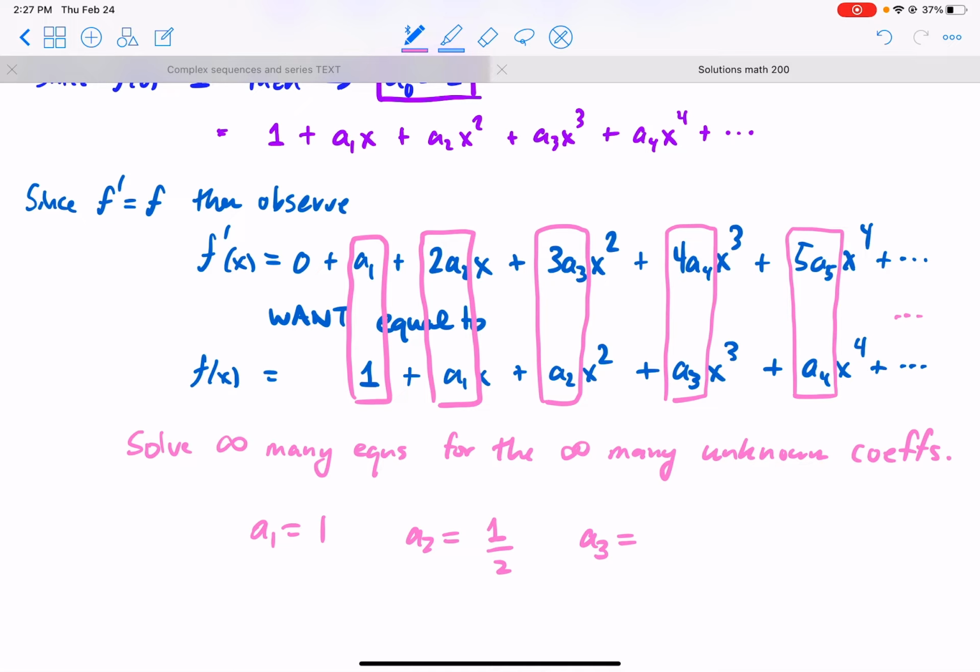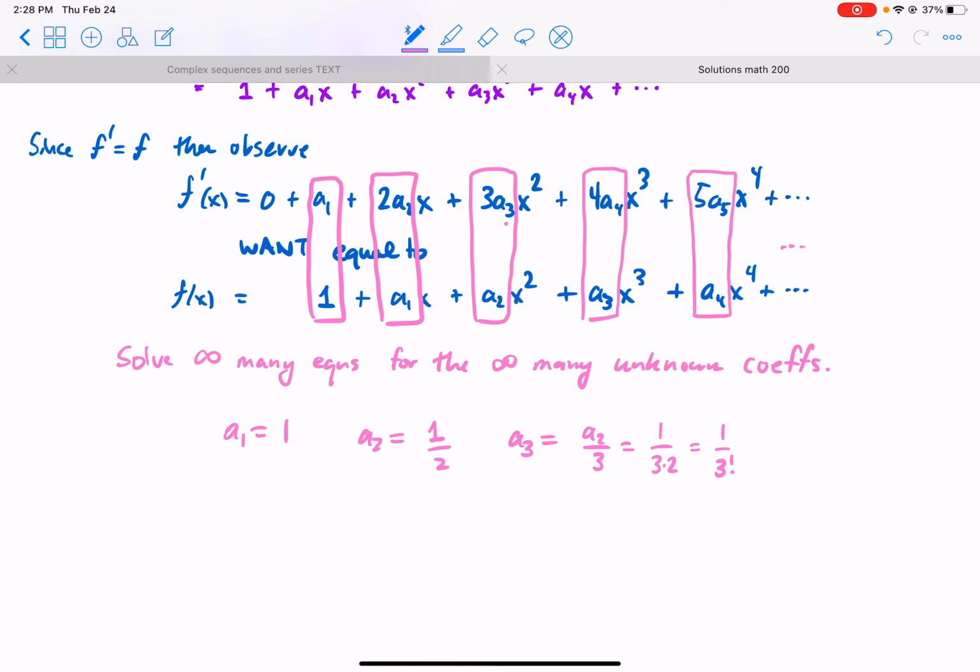a3 has to be divided by 3, and it has to equal a2 divided by 3, but we already know what a2 is. a2 is a half, so it's 1 over 3 times 2, which is 1 over 3 factorial. And then a4, let's look here.